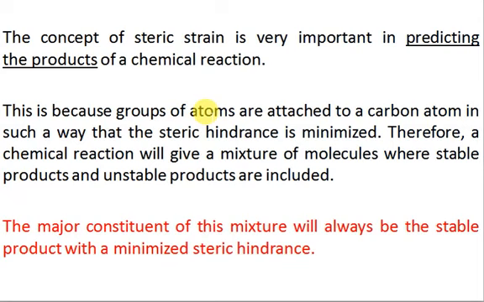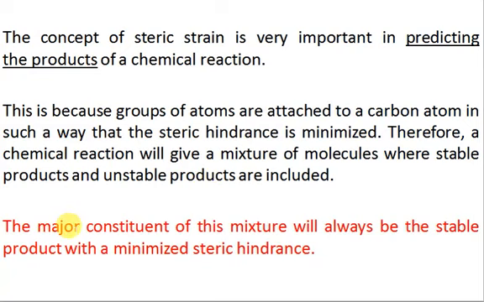Steric strain is an important concept because by seeing the structure we can see whether it is hindered or not, so we can predict which product will be major. A product that has maximum stability and minimum steric hindrance will be the major product, while the product that has maximum steric hindrance will be least stable and will be the minor product.